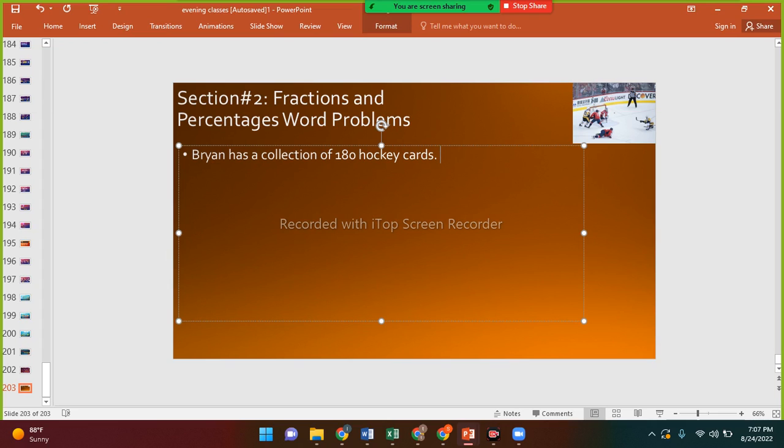And let's say that from those 180 hockey cards, there are 78 cards from the Red Wing team.